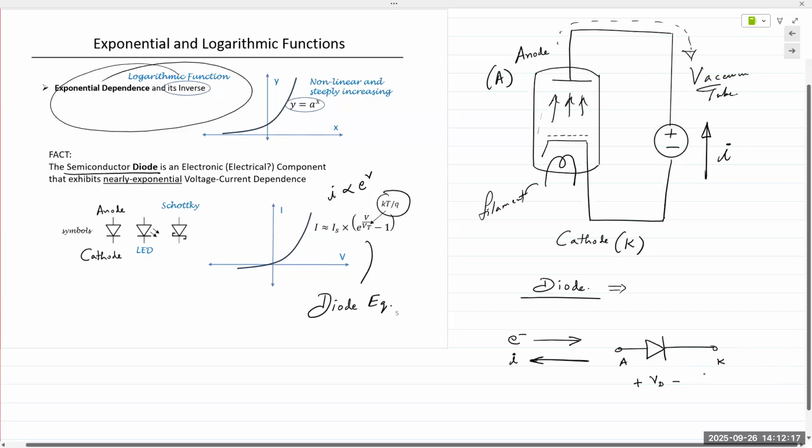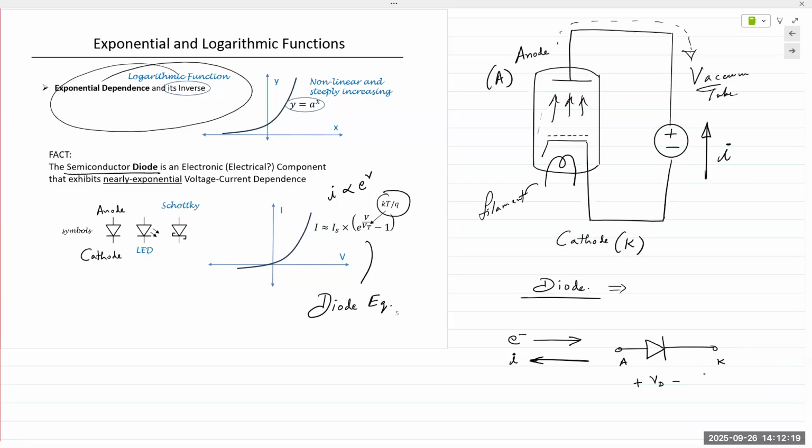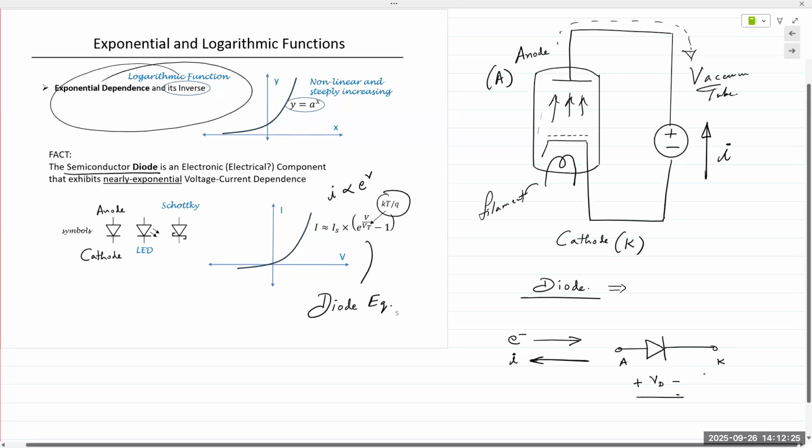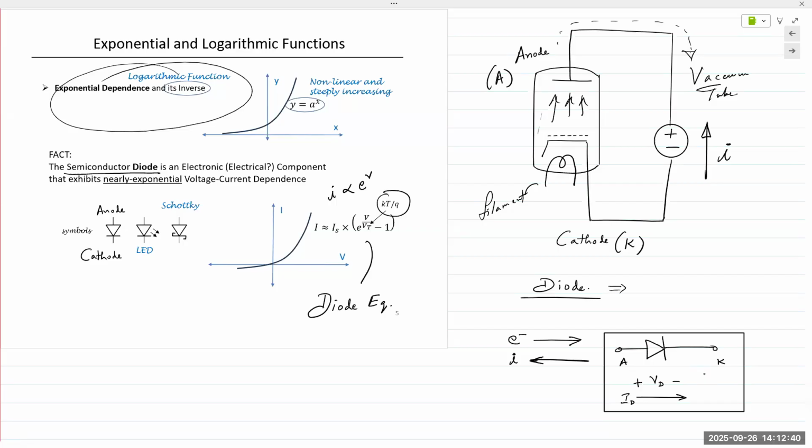So diode voltage VD has a positive reference at the anode, negative reference at the cathode. And then the current direction is always from anode towards the cathode. It's a one-way device. Current only flows from anode to the cathode, plus to minus.